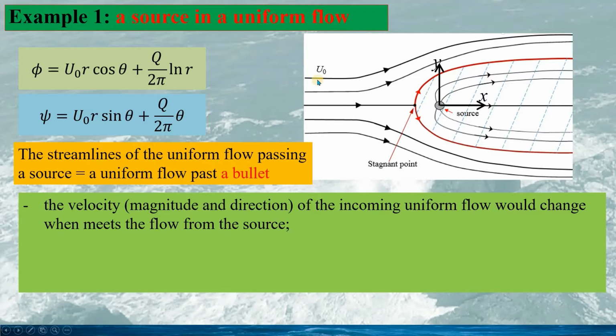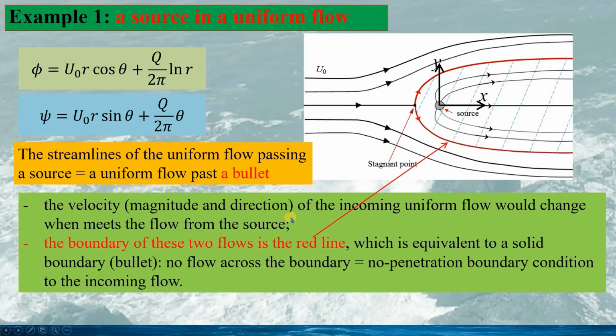That's because the incoming velocity comes to the source, and the magnitude and direction would change, see here. And there will be a boundary of these two flows, the incoming uniform flow and the source. The red line is a boundary for these two flows, which means there is no flow crossing this boundary.